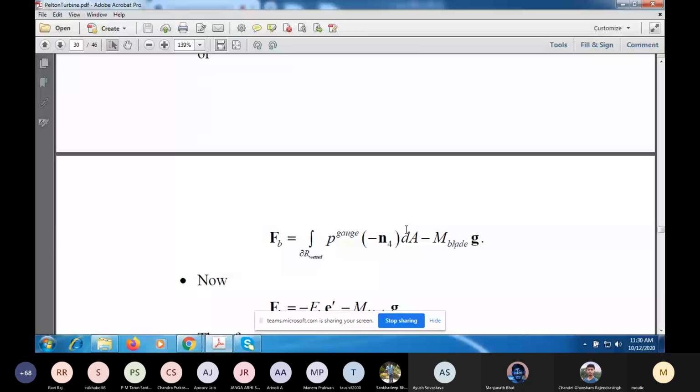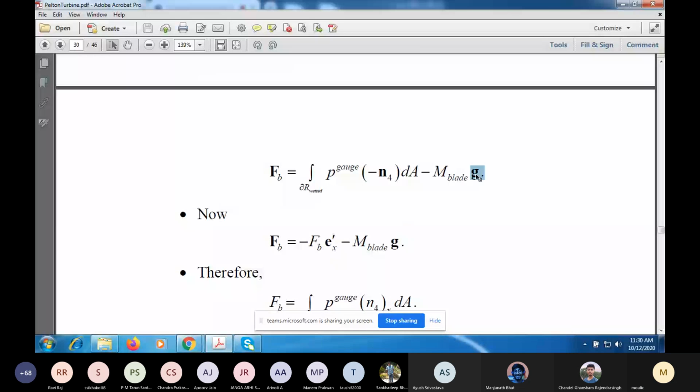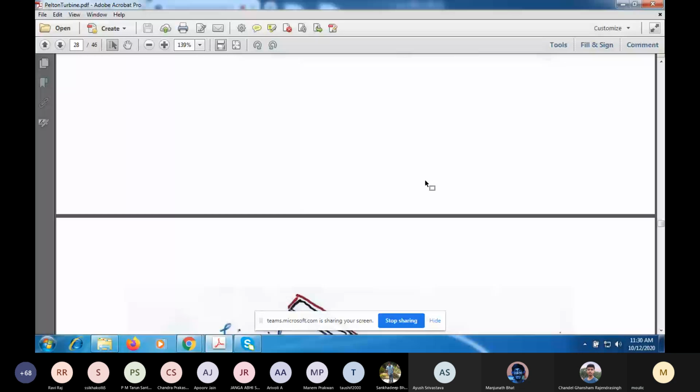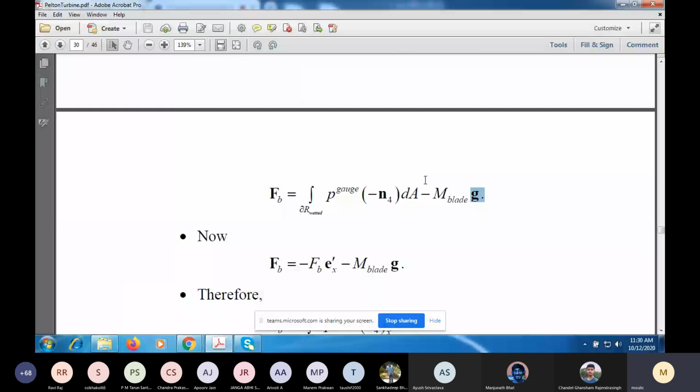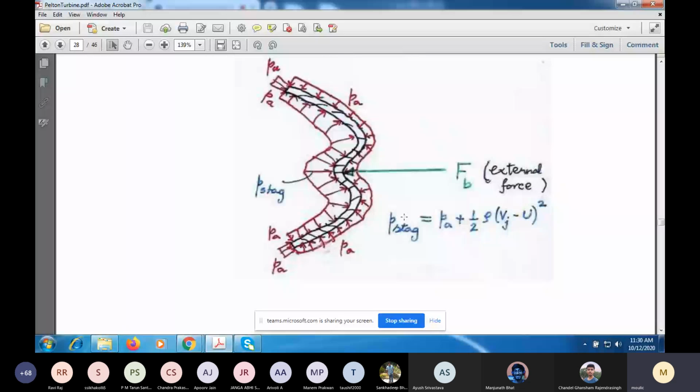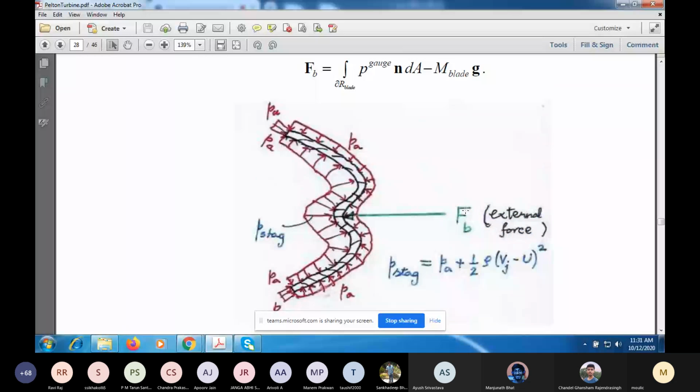So we are interested in the horizontal force. The x direction is horizontal. So if I want FB, the vector, it is minus FB Ex prime. Why? Because I chose my direction in this free body diagram this way. Intuitively I expect that if I take the direction from right to left, the value will be positive, because the pressure on the left is more than the pressure on the right.